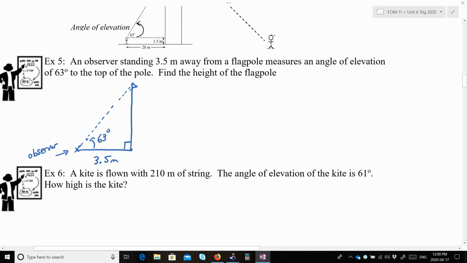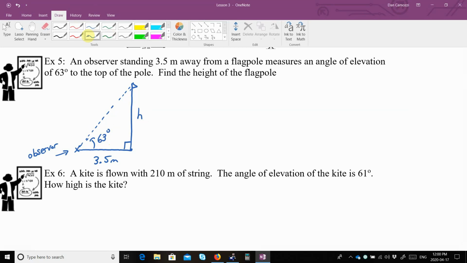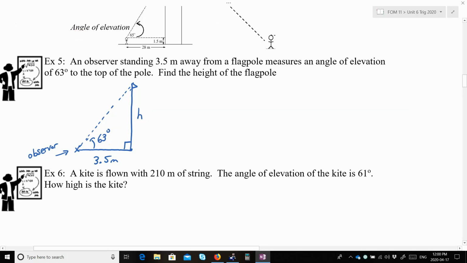There's our 90-degree angle, and it says find the height of the flagpole. So we'll call the height of the flagpole right here h. Okay, and then we'll do our usual thing. Label the triangle, figure out the ratio we need, and then solve.